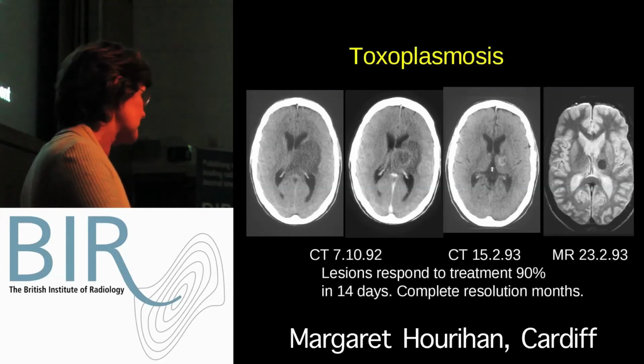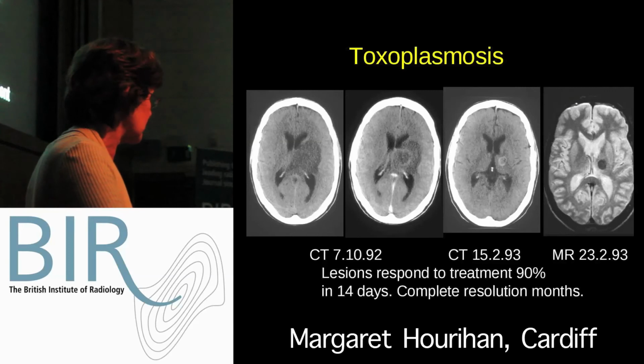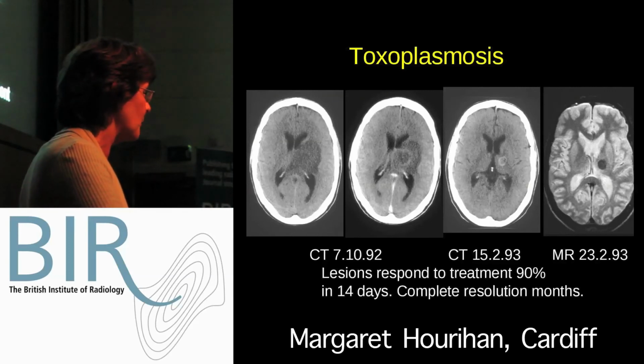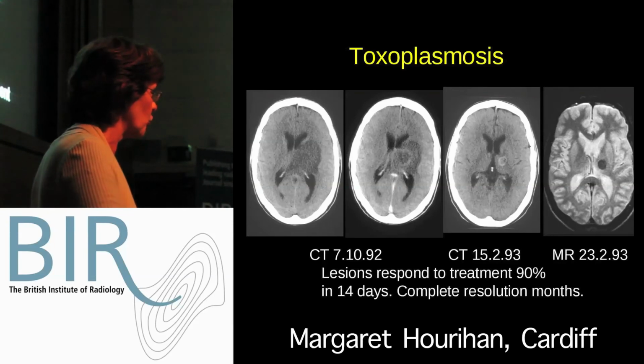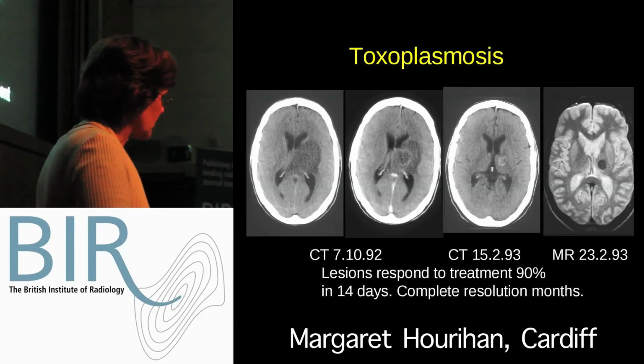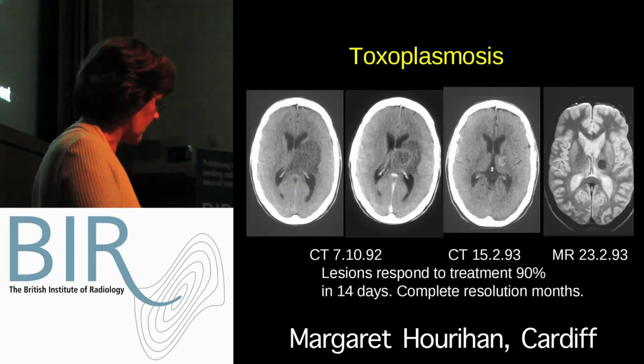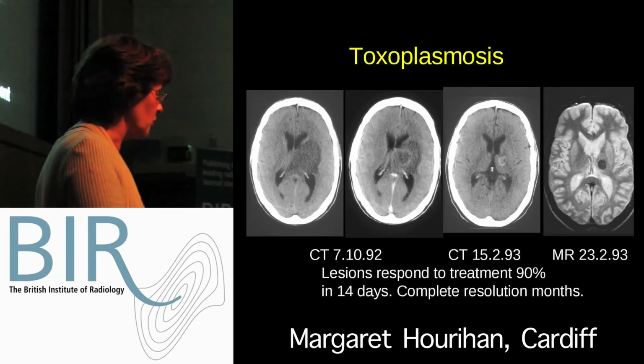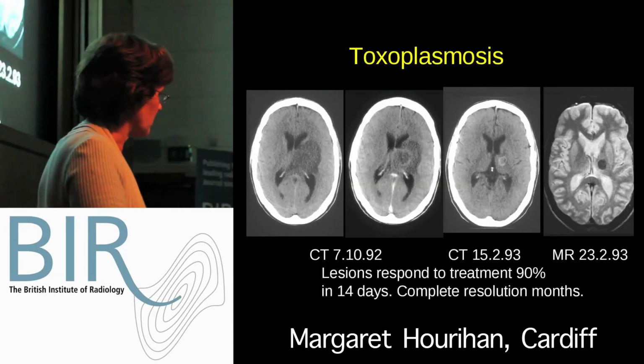A single lesion is said to be more likely lymphoma, but not necessarily. Lymphoma is hyperdense on CT, so you can see a lesion which may be involving the corpus callosum or periventricular. There are advocates of MR spectroscopy, but at the end of the day, these patients are treated for 2 weeks and re-imaged, and if there's no improvement, then they go on to biopsy.